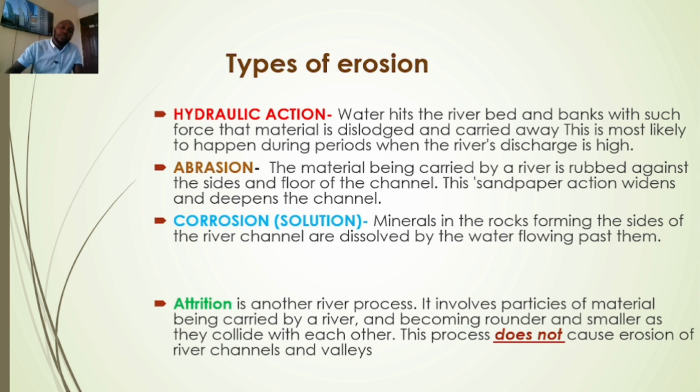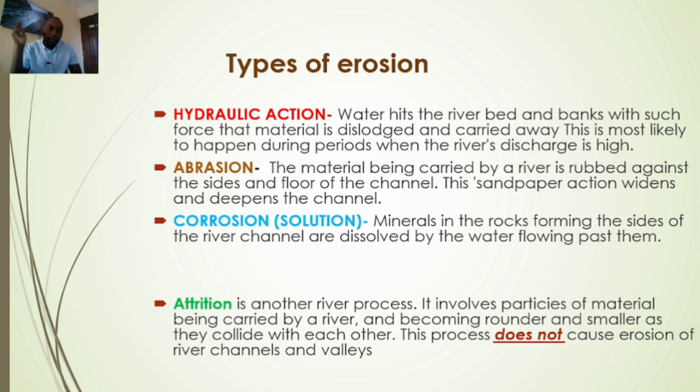This process does not cause erosion of river channels and valleys. That's why I've not included it among the three, because the three erode the river channels and valleys. Attrition is also a type of erosion actually. So when you think of erosion, think of these four processes: hydraulic action, abrasion, corrosion and attrition. Please know them.